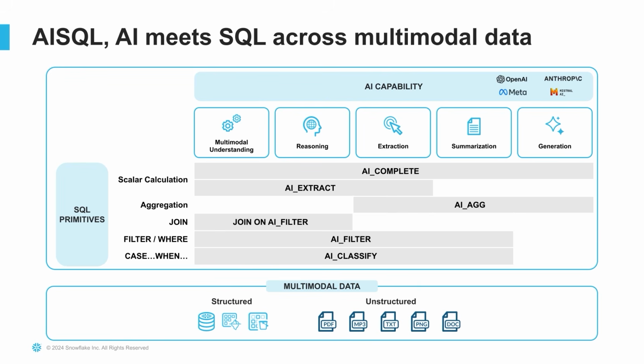Well, we talked about AI SQL, why is it important, and why we need to bring the capabilities of AI to our data workflows. Here is a quick snapshot of what AI SQL is, what the different AI SQL functions are, and what are the different capabilities it brings, right? If you see the basic SQL primitives on the left, AI Complete can help you with extraction.